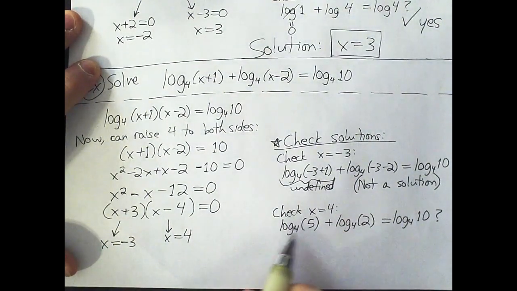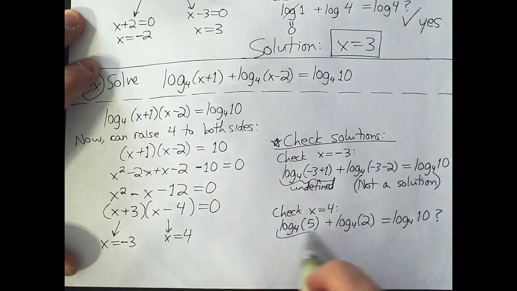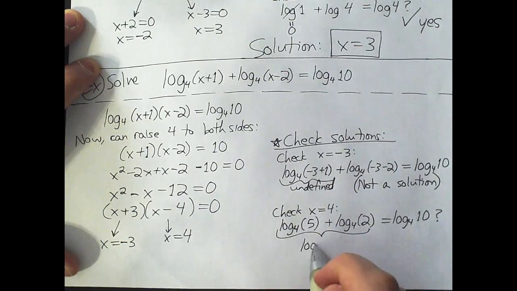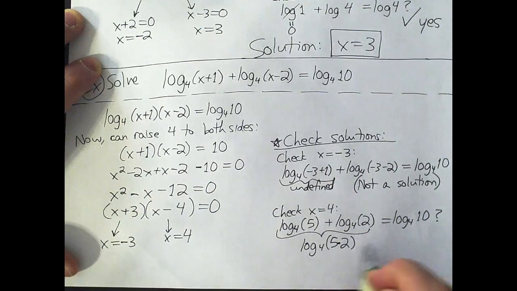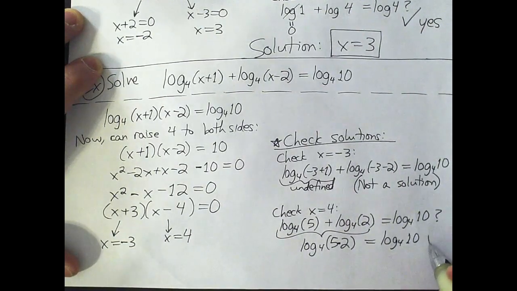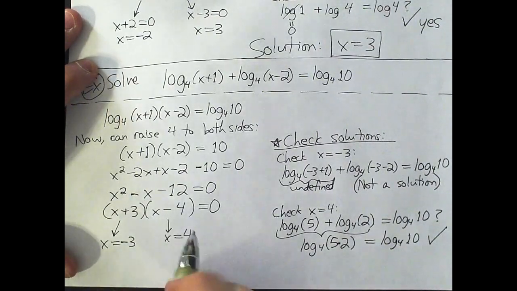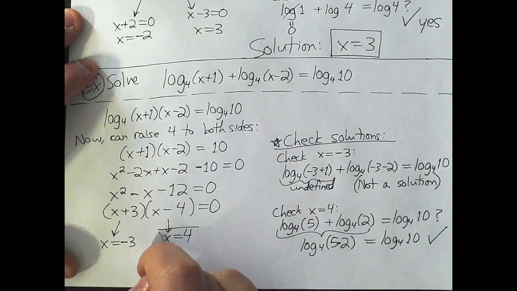That's kind of a complicated decimal. We can't really find that by hand. However, we don't need to. We can use the law of logarithms that says this is log base 4 of 5 times 2. And yes, that does equal 10. So I'll put a little check mark next to this. It does check out. And now I'll go back and put a big box around this.